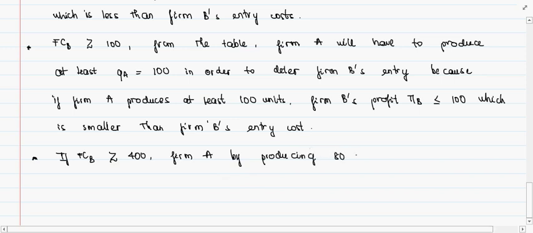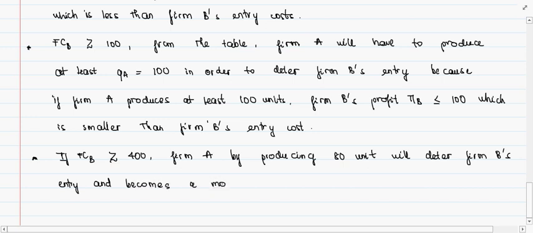By producing 80 units, firm A will deter firm B's entry, and by doing that, firm A will become a monopoly and therefore earn a monopoly profit in this case.